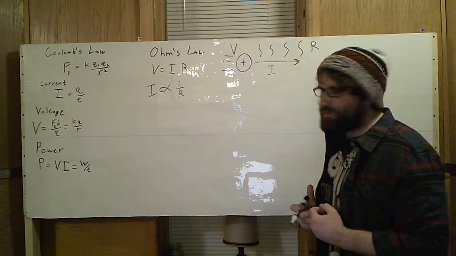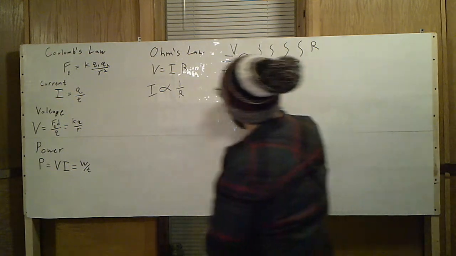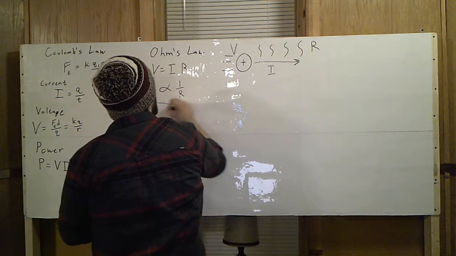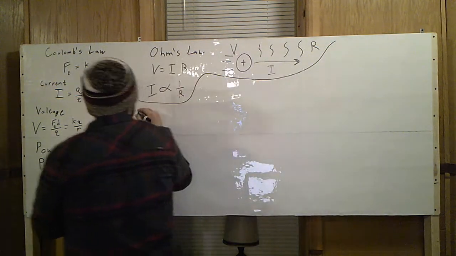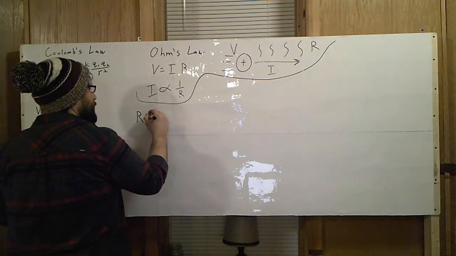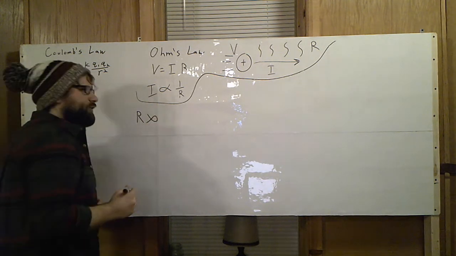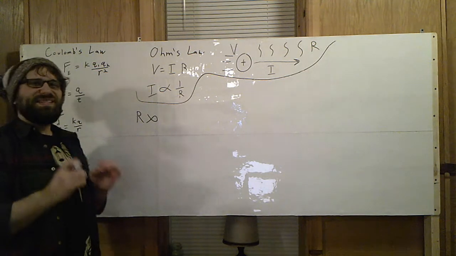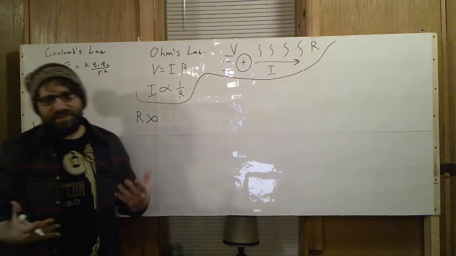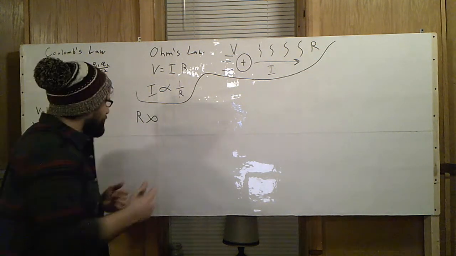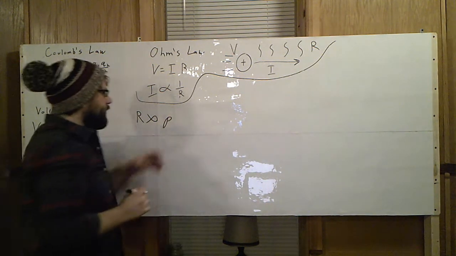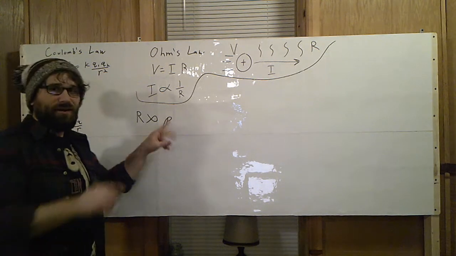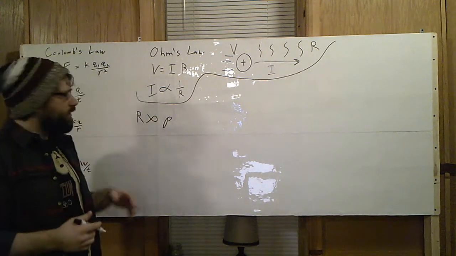So how do we calculate resistance? Well, resistance, let's think of it this way. The first thing is that resistance is going to be proportional to a concept called resistivity. Now that seems kind of arbitrary, it seems a little obvious, but resistivity is denoted by this Greek letter, rho.